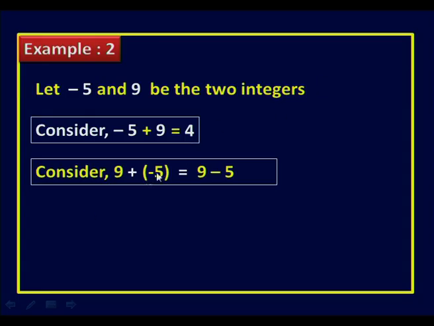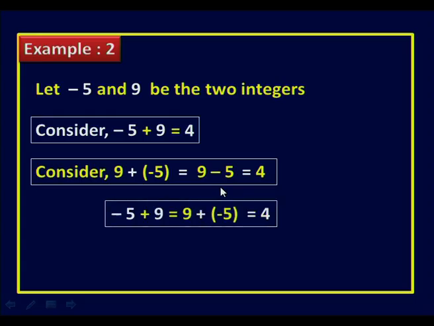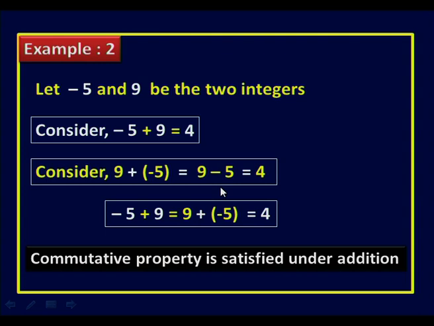So, 9 plus minus 5 is nothing but 9 minus 5, plus into minus I write it as minus. Then what do you get, children? Yes, you got 4. So, here also I can say that minus 5 plus 9 equals 9 plus minus 5. So, this is nothing but a commutative property under addition. So, we can say commutative property is satisfied under addition.